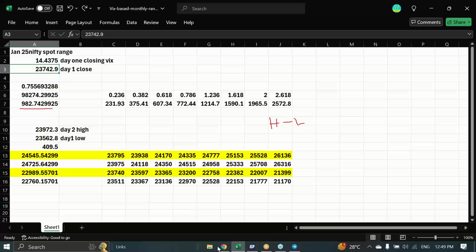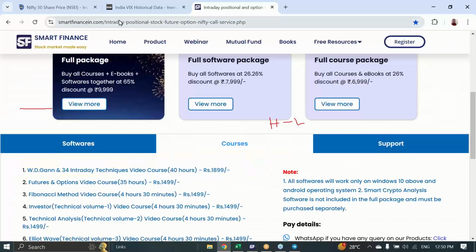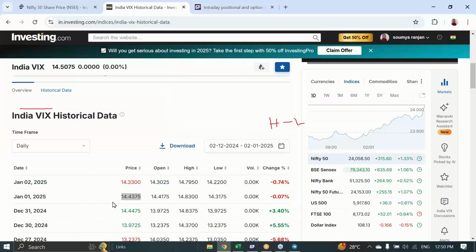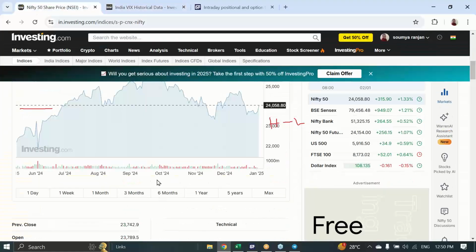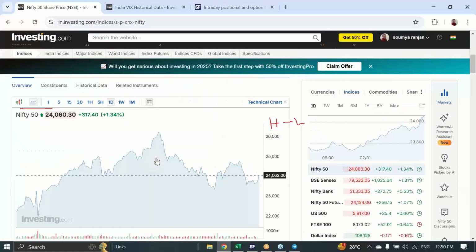Here, from where I got this, I have just gone to the investing site. Here, January 1st, 2025, the VIX is 14.4375. Similarly, if I go to the Nifty spot data, I can get the historic data here.